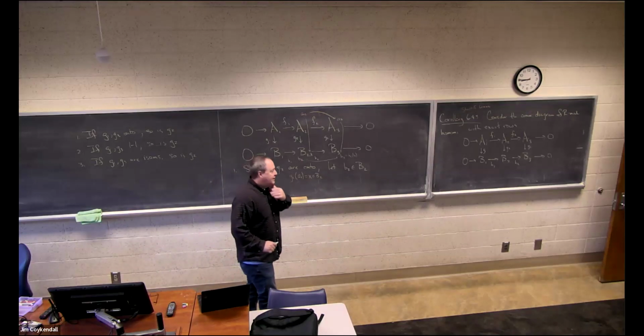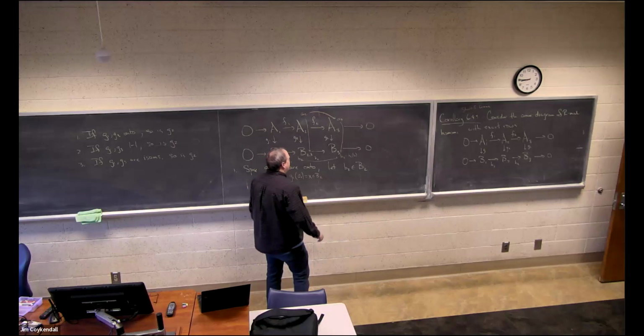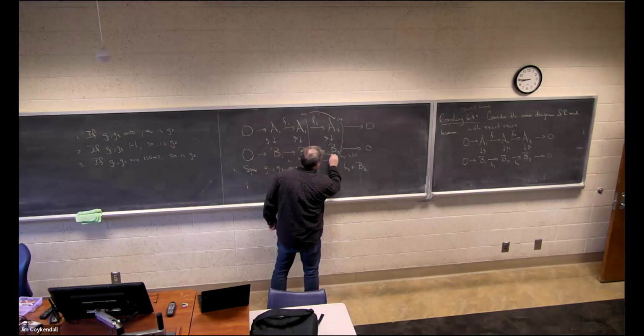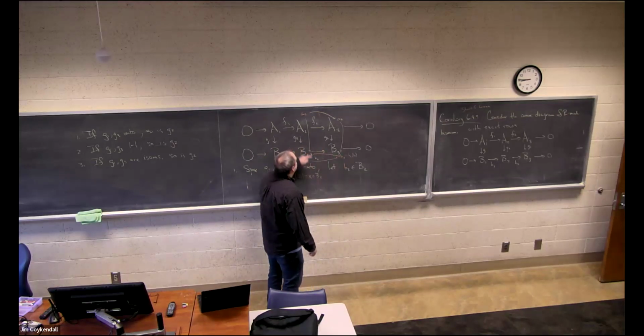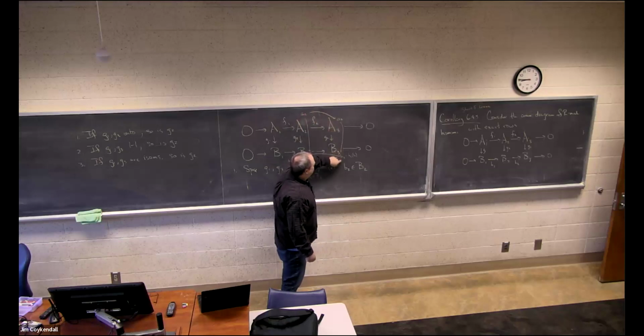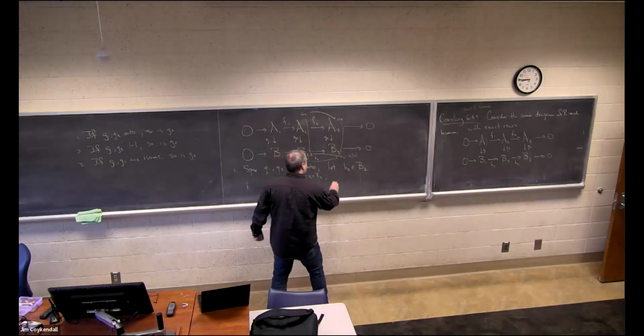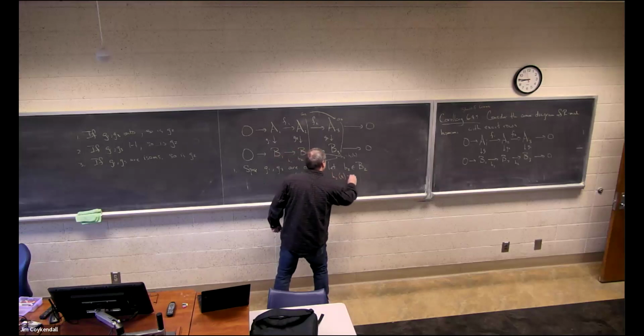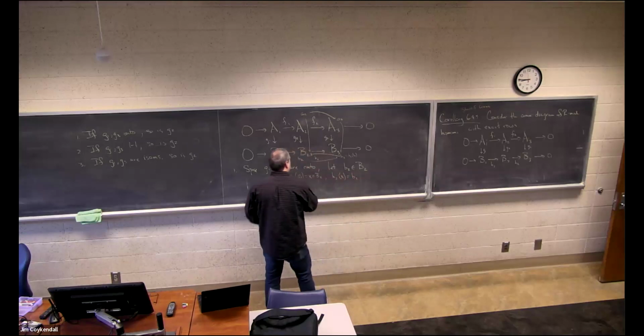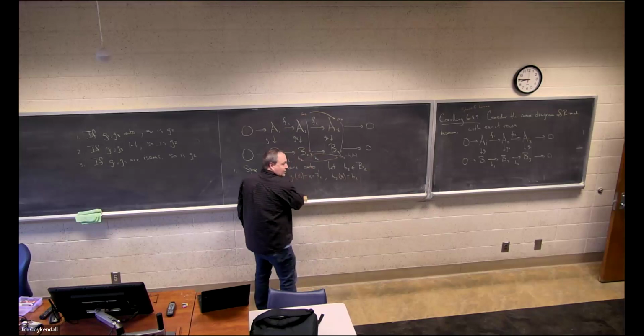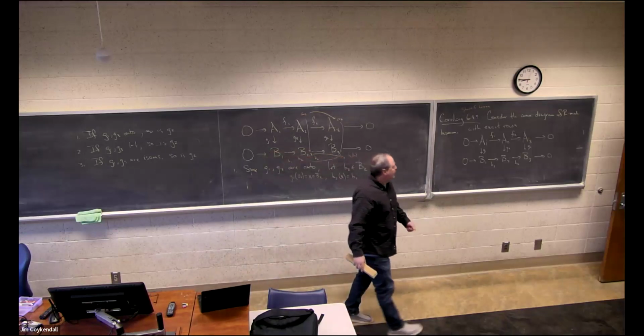We already found H2 of X. Going here gets me B3, so going this way must give me B3. So by the commutativity of the diagram, H2 of X must also be B3. So B2 and X both go to the same thing. How does that help?